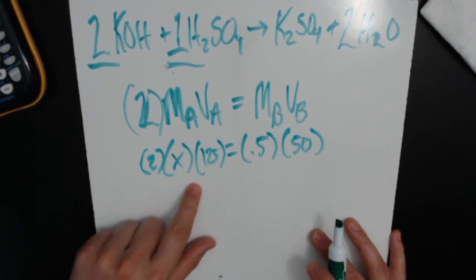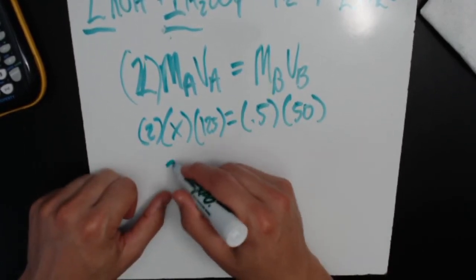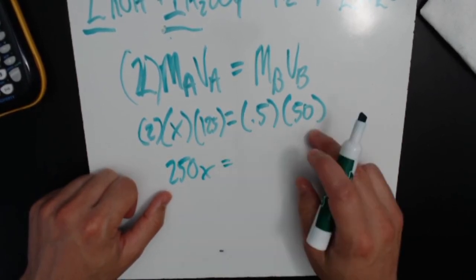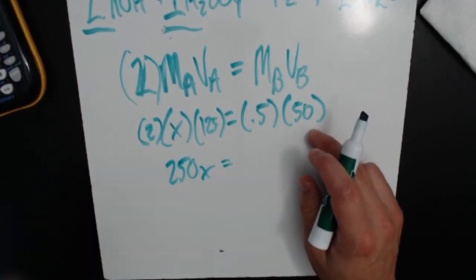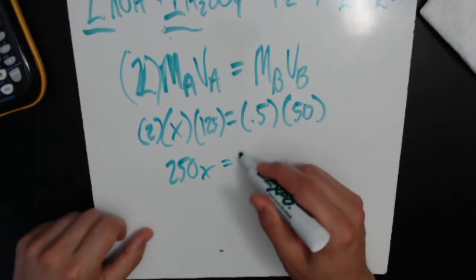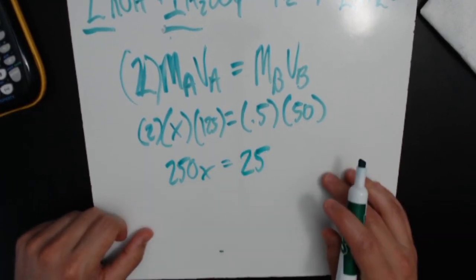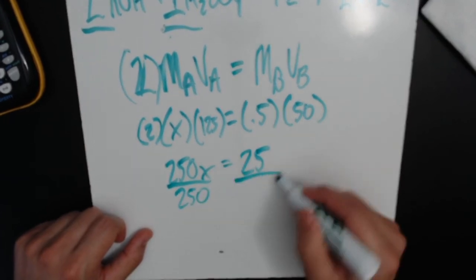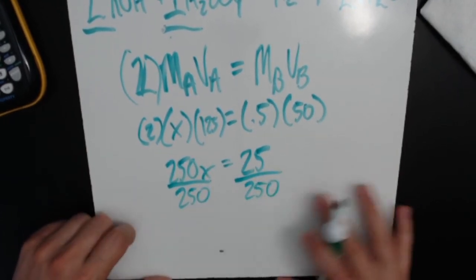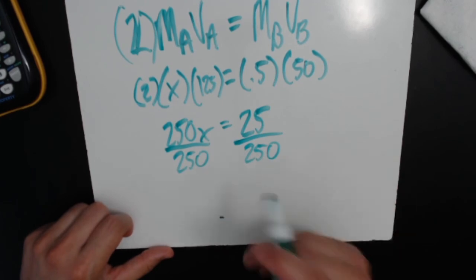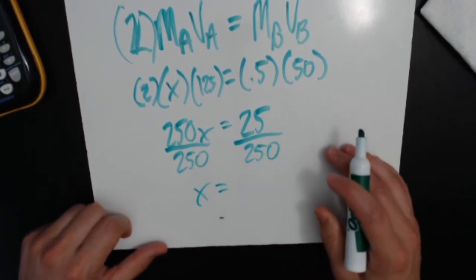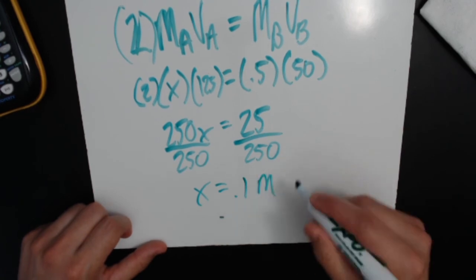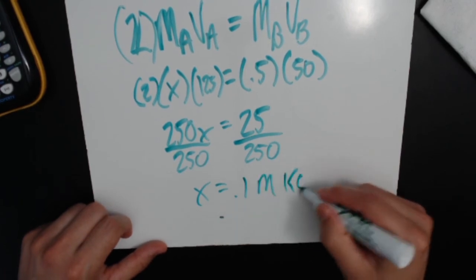So here we have 2 times 125, so 250x. 0.5 times 50, what is that? 25? Half of 50 is 25. Divide both sides by 250. X is equal to 0.1 molar, and that is potassium hydroxide.